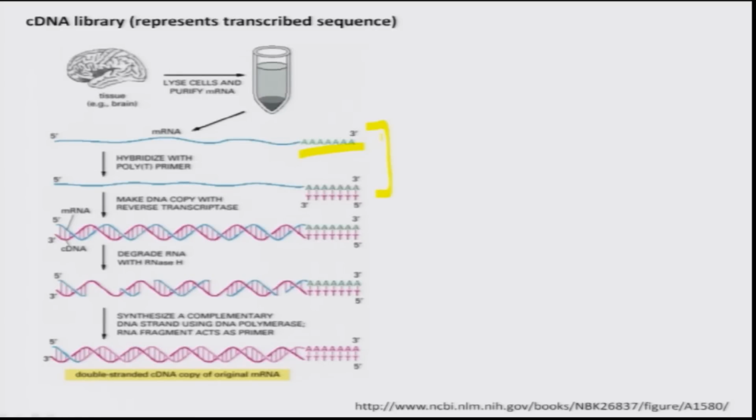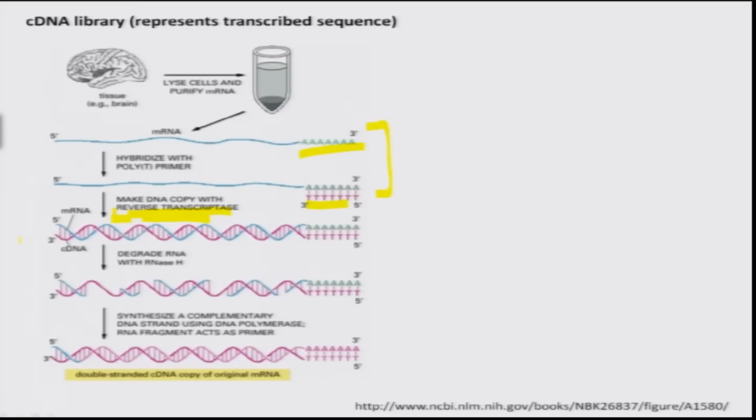If you have primer oligonucleotides that are artificially made, which are complementary to this poly A sequence, and then you add an enzyme which we described in the central dogma of biology, reverse transcriptase, which uses RNA as the template and makes DNA out of it, that is what is shown here. It copies the mRNA to make a DNA, right.